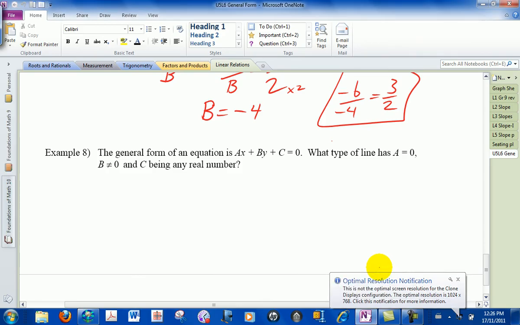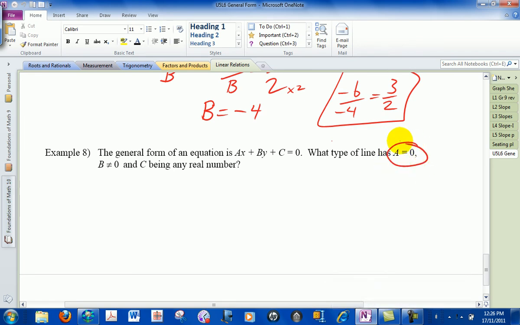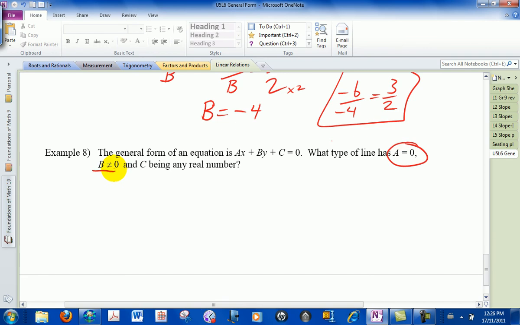Okay, so here we go. General form of the equation. What type of line has A equal to 0, B not equal to 0, and C being any real number? Okay, so why don't we substitute that in? Let's have a look at the equation when we make A equal to 0.